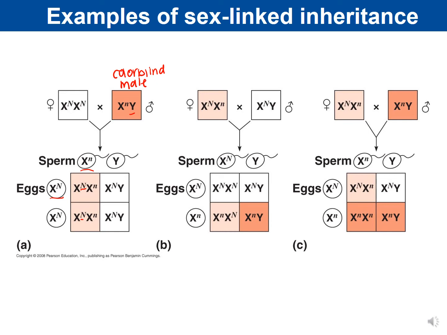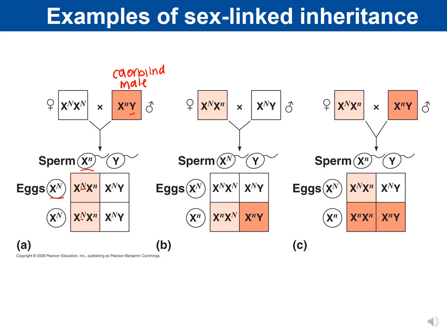And I have to have an X little n because my dad has color blindness. So I have 100% probability of being a carrier of color blindness. I myself can't be colorblind if the mom is X big N, X big N, but I definitely have to at least carry it.